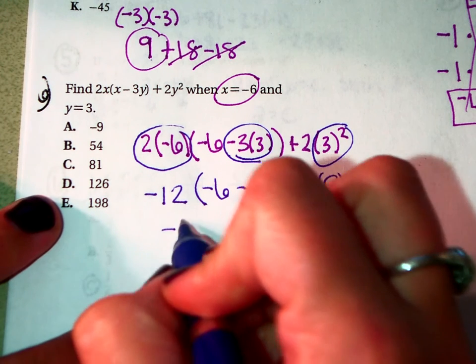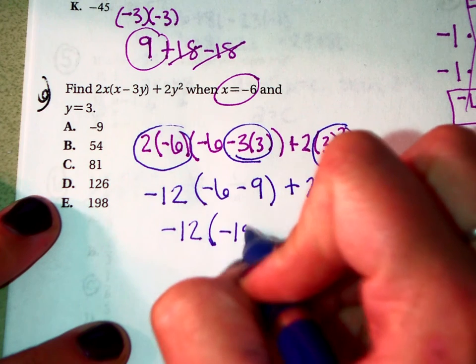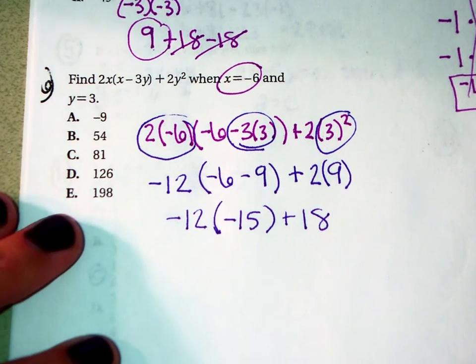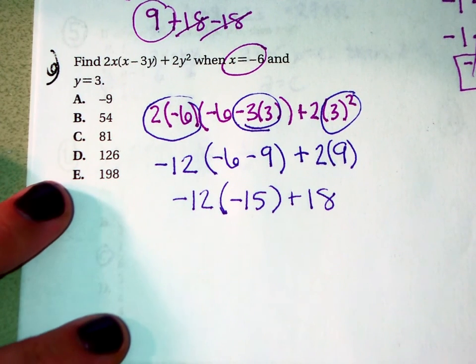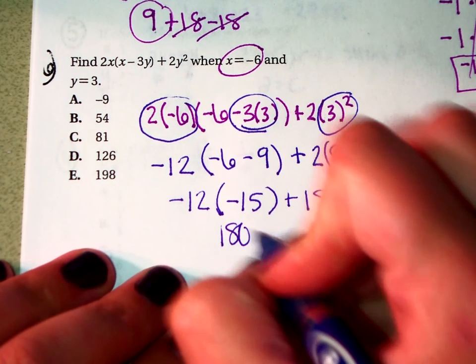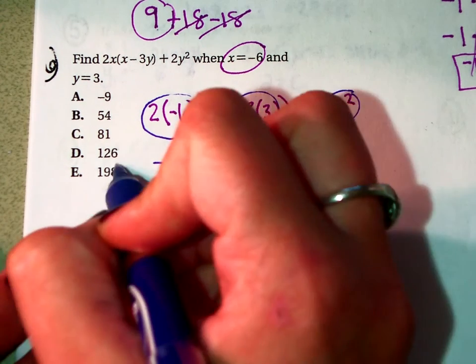Simplify in parentheses, so negative 12. Negative 6 minus 9 is negative 15, plus 2 times 9 is 18. And then when I continue to multiply negative 12 times negative 15, I get 180, plus 18 is 198, which is E.